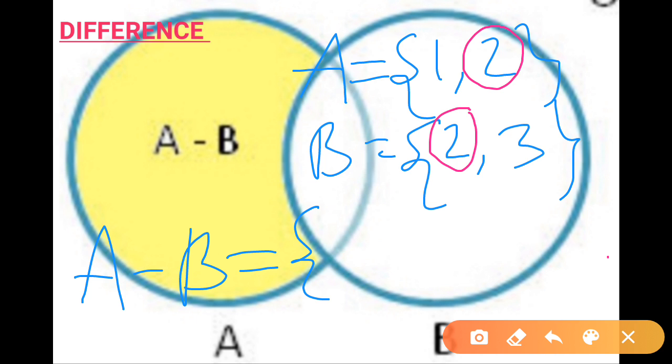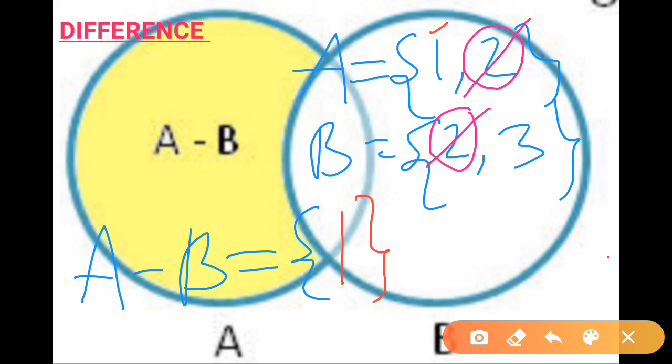Don't take the common elements; cut them, and write only the elements of the first set. After cutting, we have only one element, 1. That is the answer for A minus B.